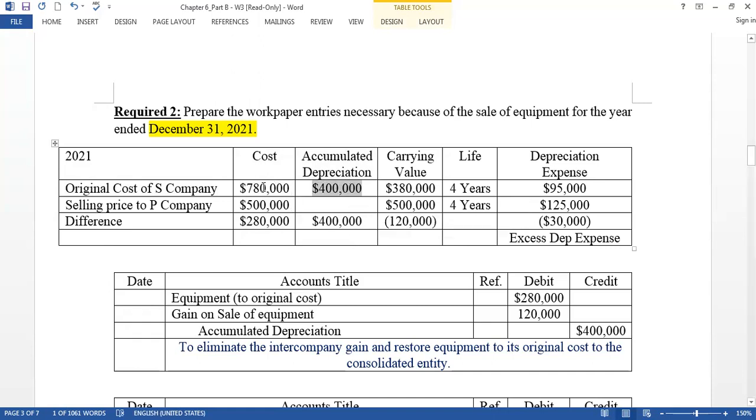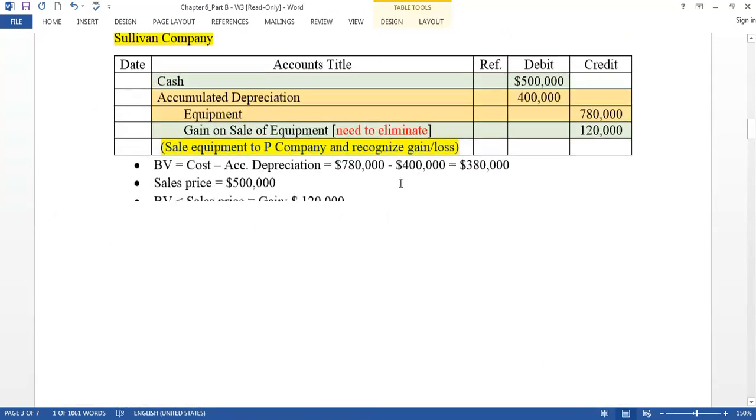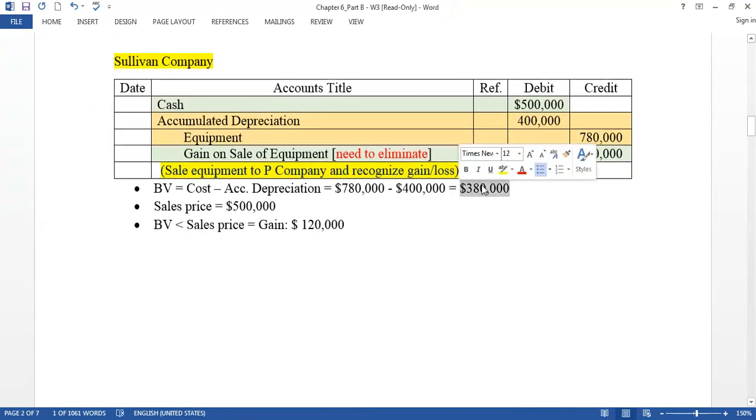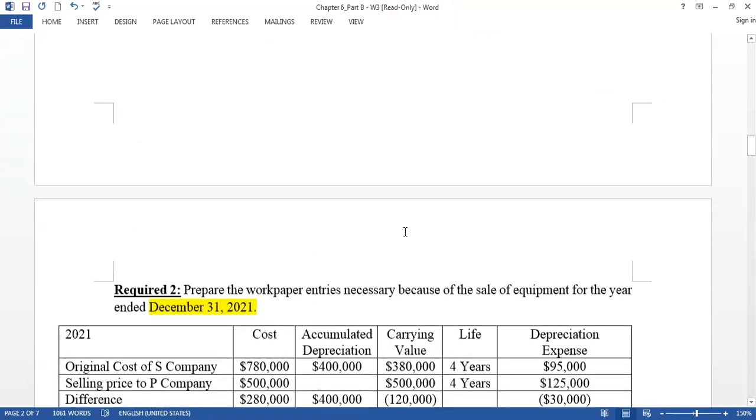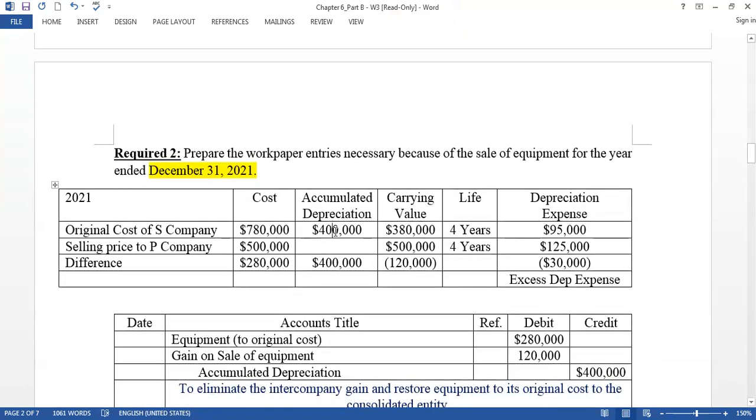We know that cost minus accumulated depreciation equals book value, so on December 31st, 2021, the book value is $380,000. We already calculated this amount. And how many years remaining? We have 4 years remaining for this plant asset.